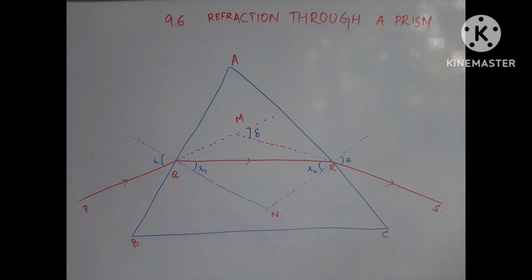Hello, the figure shows a prism ABC, and here PQ is the incident ray that makes an angle I with the normal.